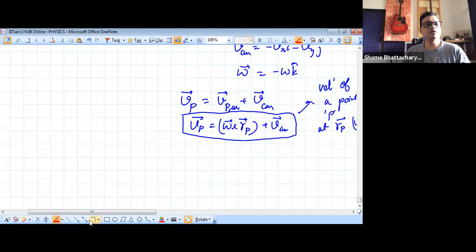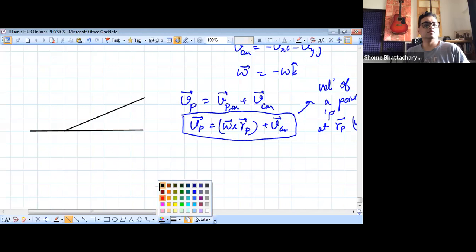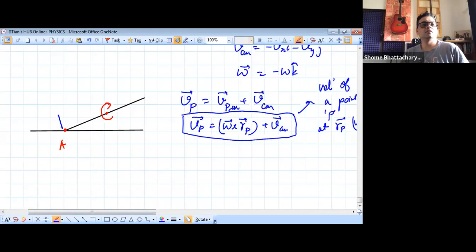So for that point E, because of the rotation of the rod, it has a component of velocity in this direction, which is L by 2 omega, because of this omega.